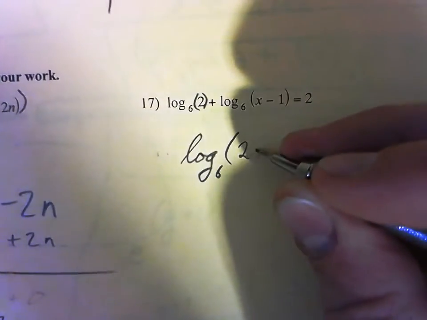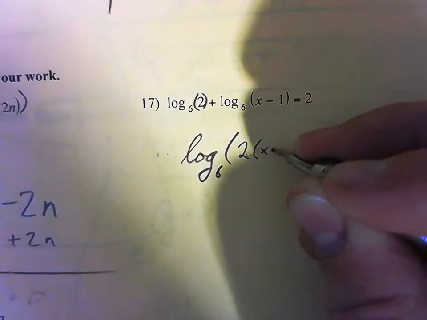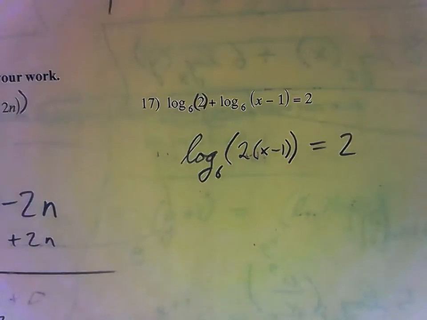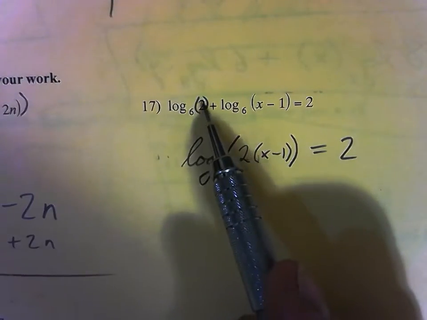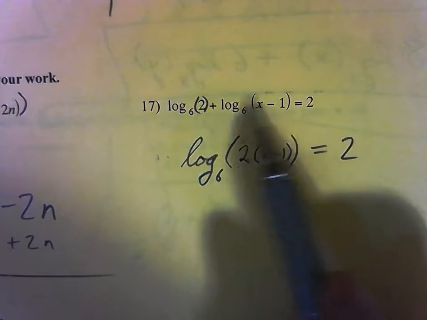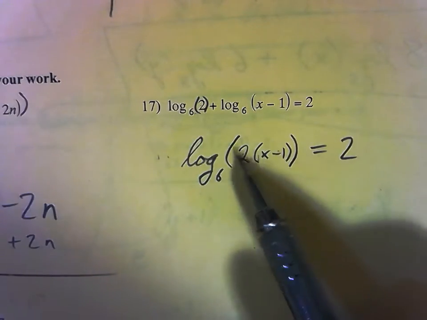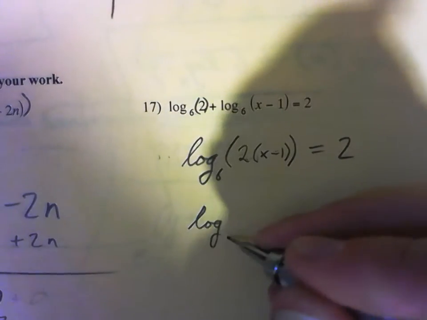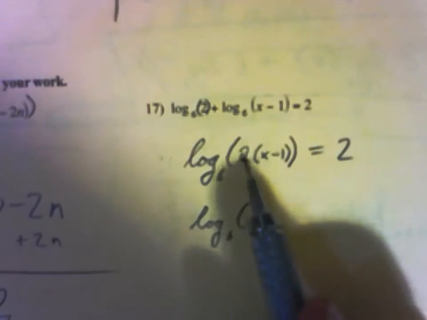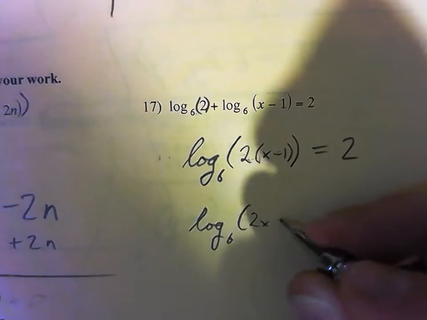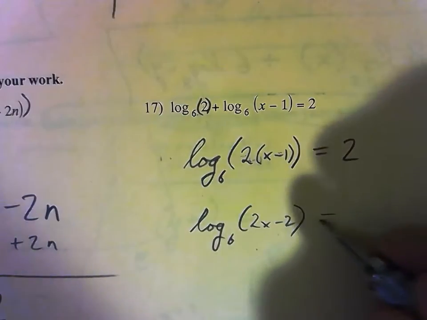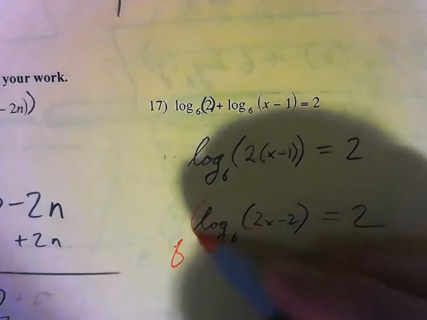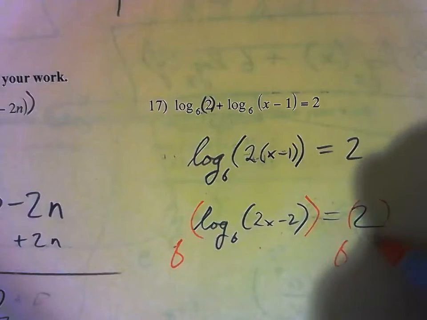And that's going to be 2 times x minus 1. Log of one thing plus log of another thing, you got the same base, we'll multiply those things inside a single log. So just for the heck of it, 2 times x minus 1 is 2x minus 2. Now we're going to go 6 to the power of this stuff equals 6 to the power of that.